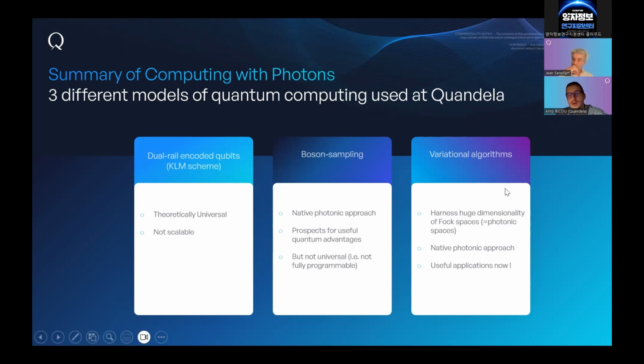You can also implement a variational algorithm, which harnesses the huge dimensionality of Fock space, which is great. It's native photonic. You have useful applications for now, but it remains heuristic. You don't always have guarantees of convergence or of finding the optimal value, for instance.